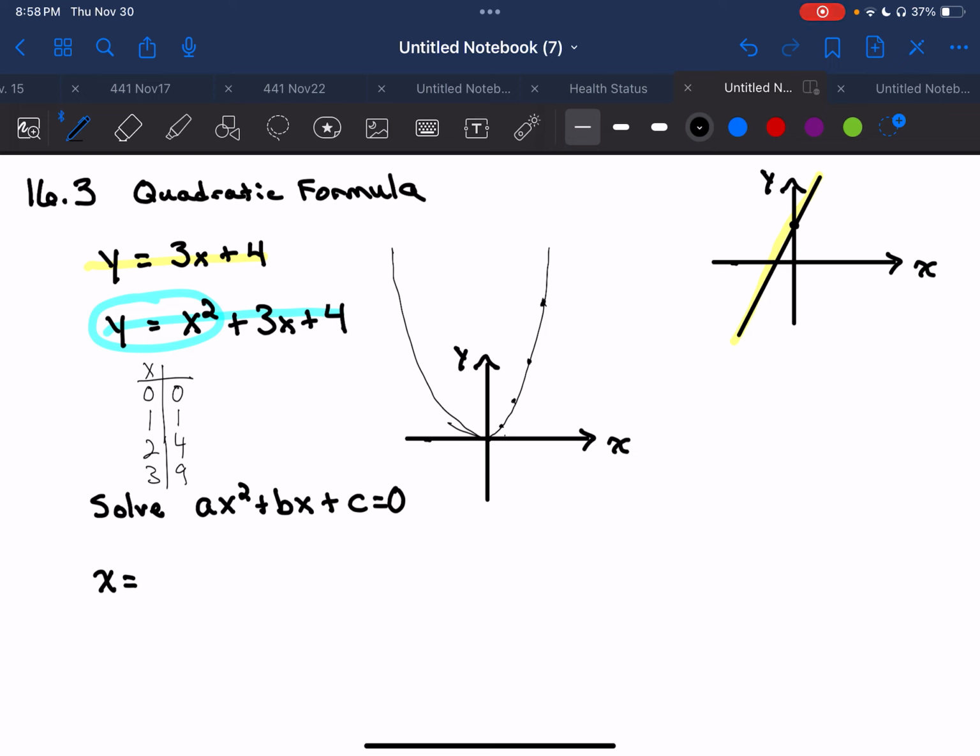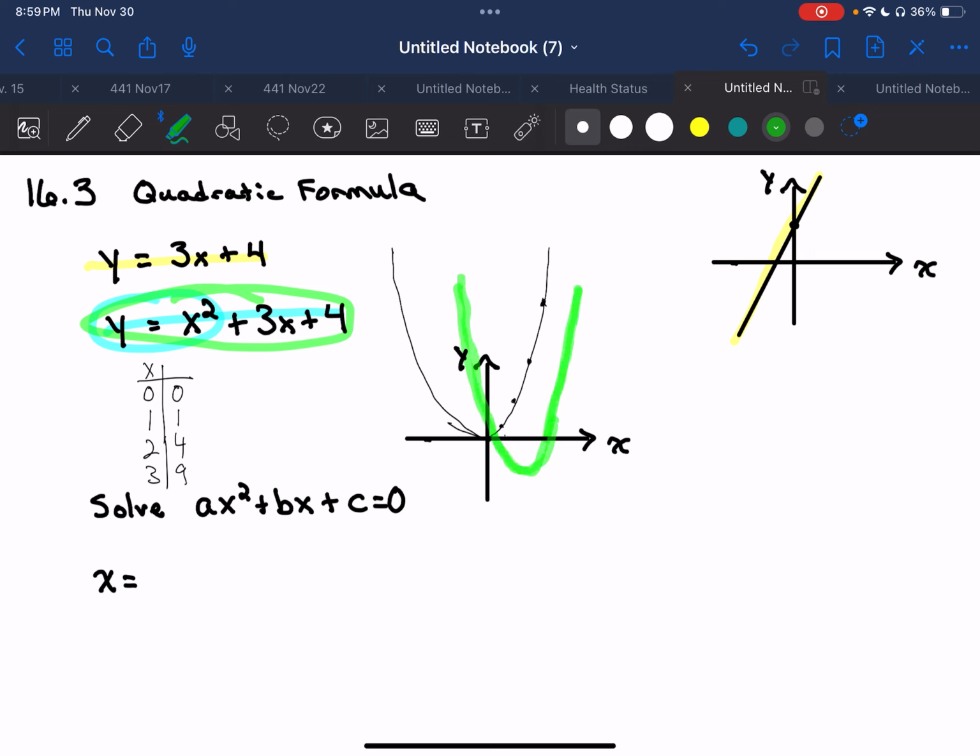Now, when I get other pieces on it, if I include all of this, then I might have something that is shifted over, it might be squished, but it's still this general shape in order to have the quadratic.